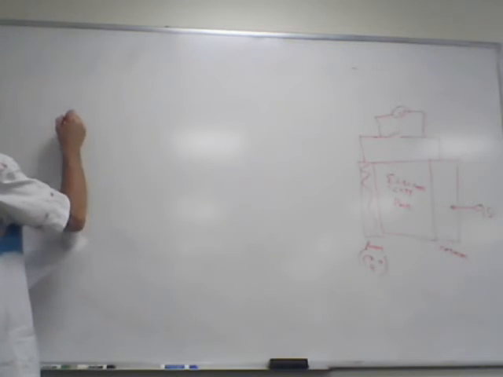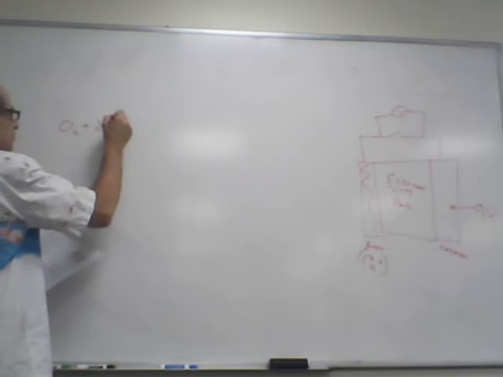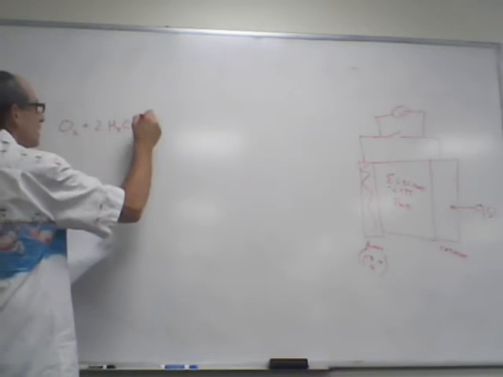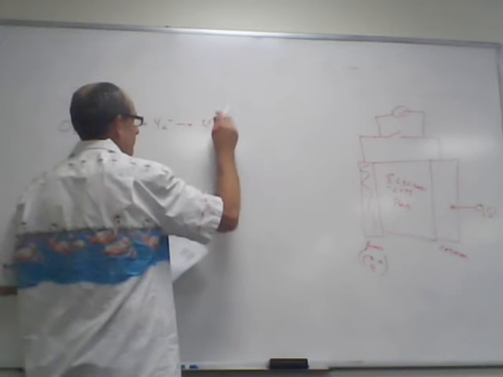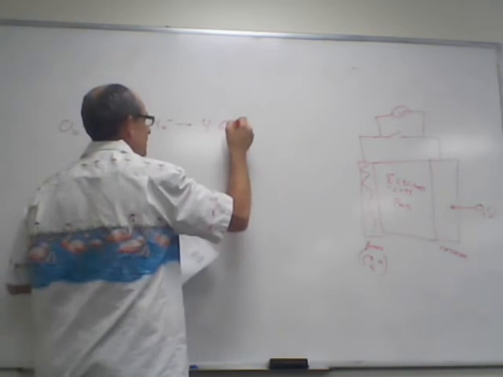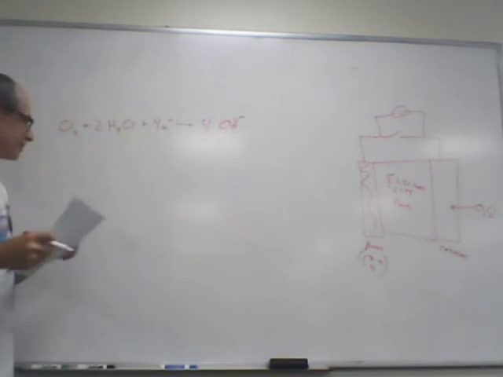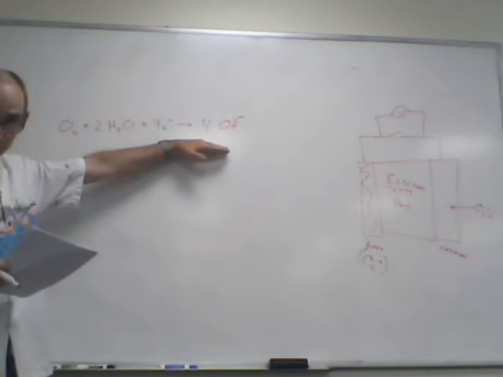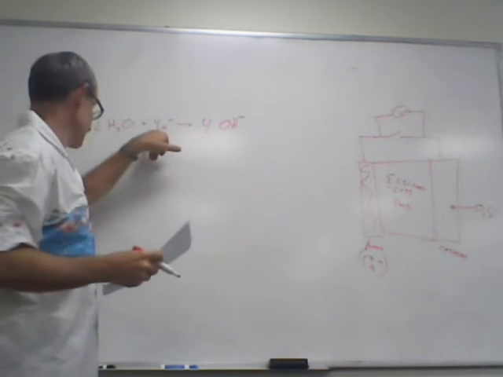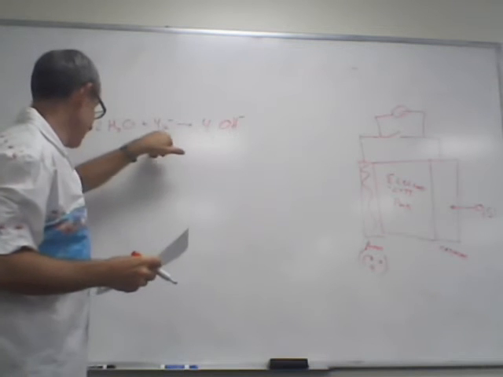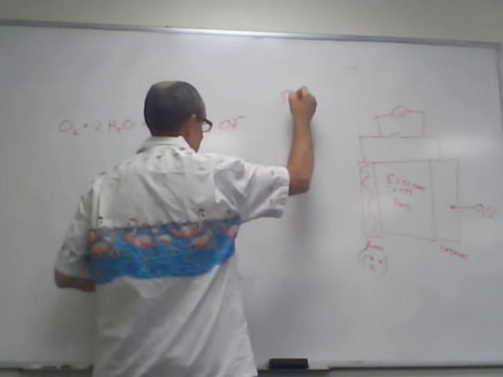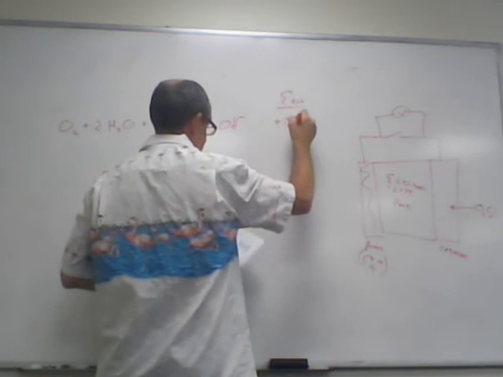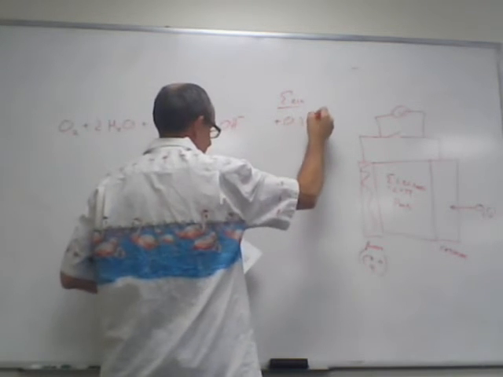So we've got O2 plus 2H2O gaining 4 electrons to become 4 hydroxide ions. And notice that this is a balanced half reaction. It's only a half reaction because it explicitly includes electrons, but it is certainly balanced for both mass and charge.